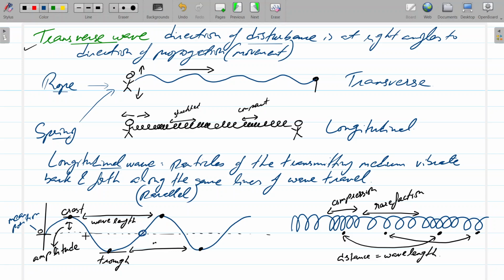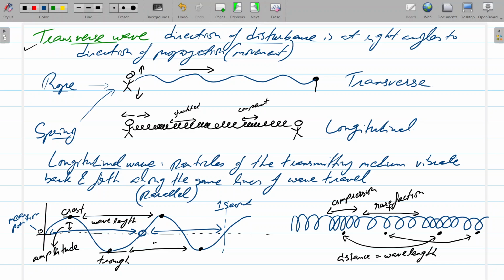So this whole thing over here is one complete wave. So this would be 2 hertz, for example, if the time over here is 1 second, having two complete waves within 1 second.